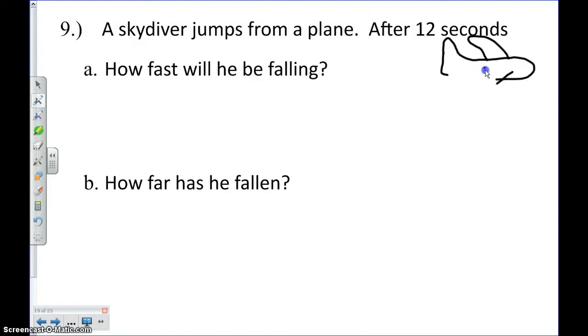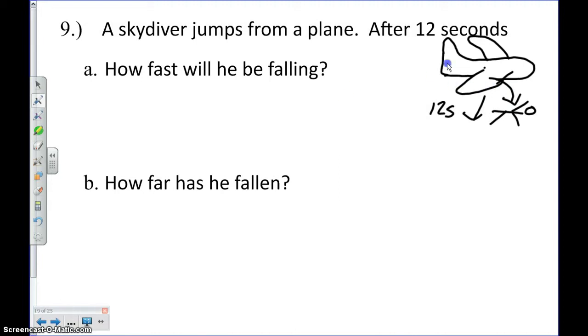So there's my plane, and I'm going to jump out of the plane and skydive after 12 seconds. How fast will I be falling?